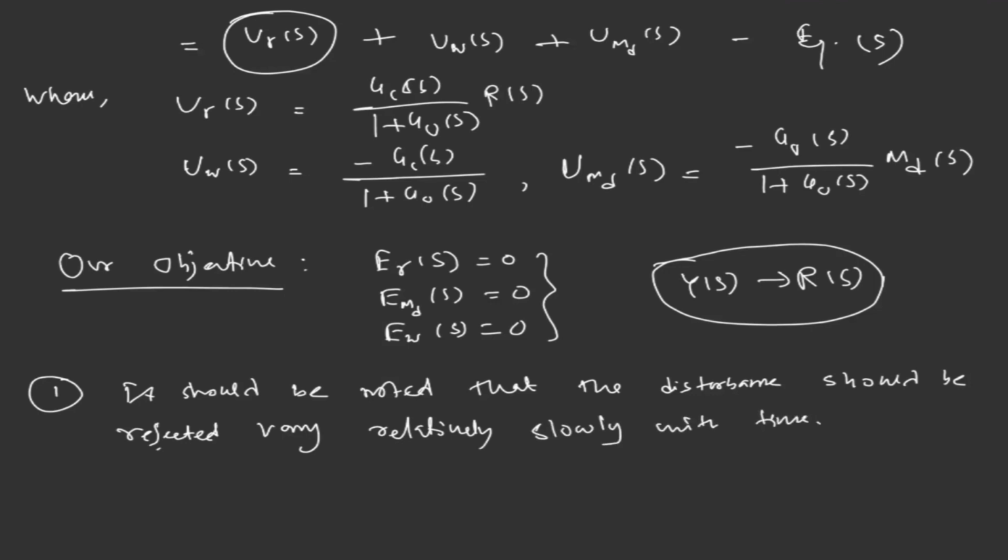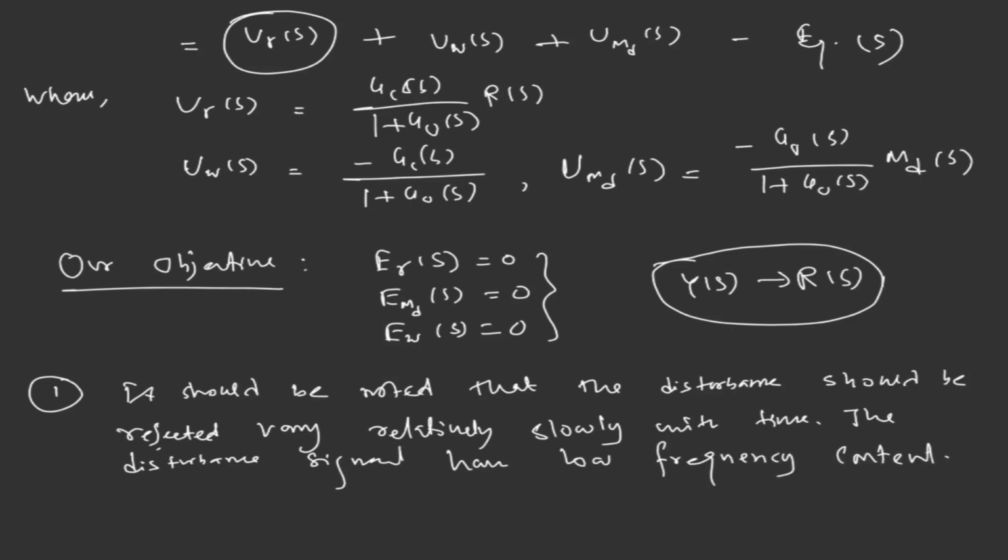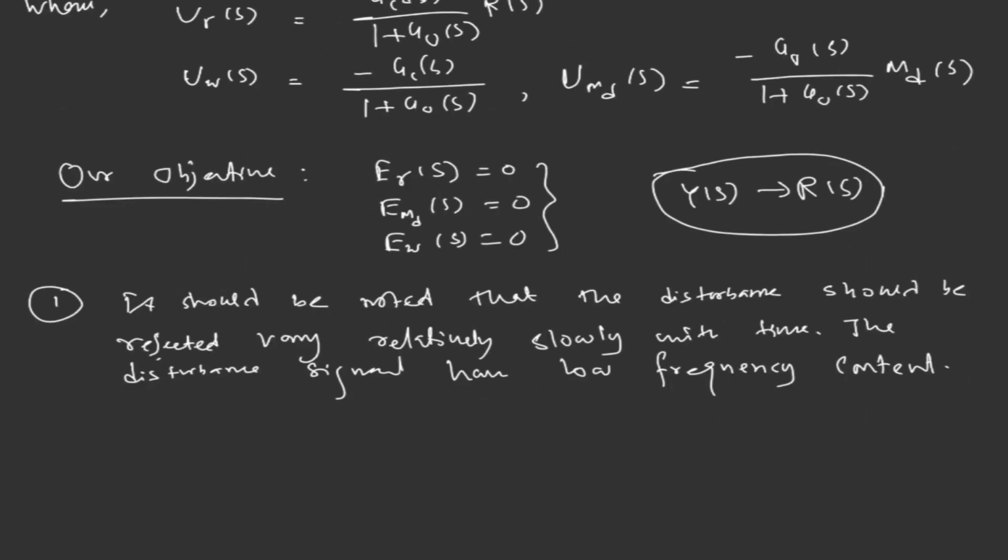So it means the disturbance signal coming to the system varies very slowly with time. In other words, the disturbance signal has low frequency content. While designing the control system, we need to consider this point.